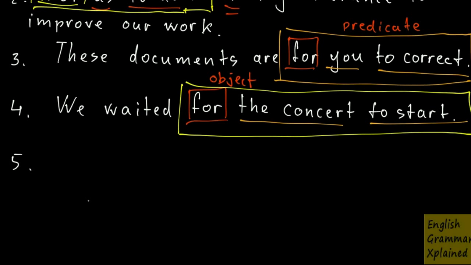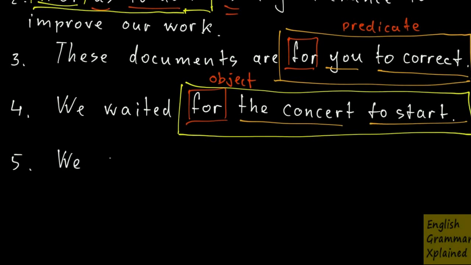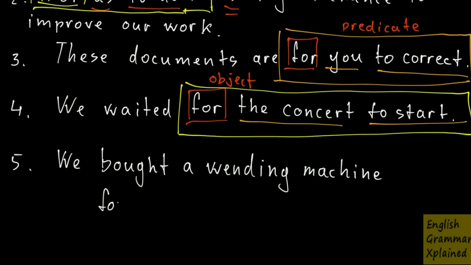What next? It can also be an adverbial of purpose. It's basically a part of predicate. Some buzzword again. For example, we bought a vending machine for us to have snacks.